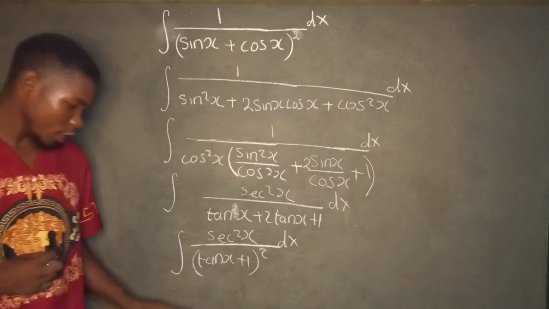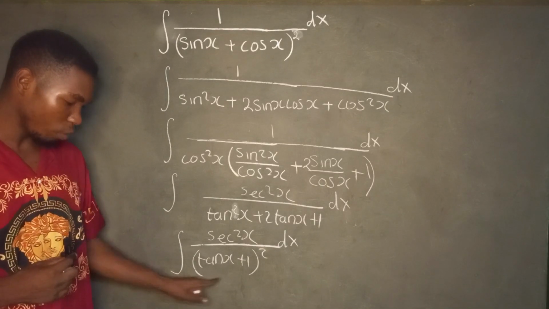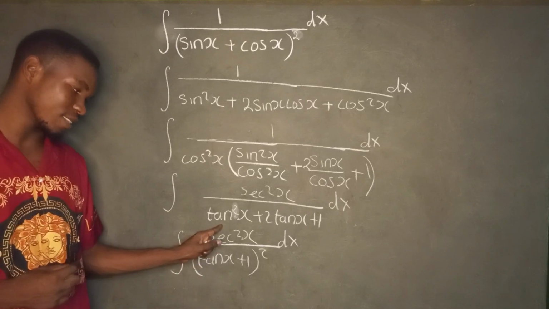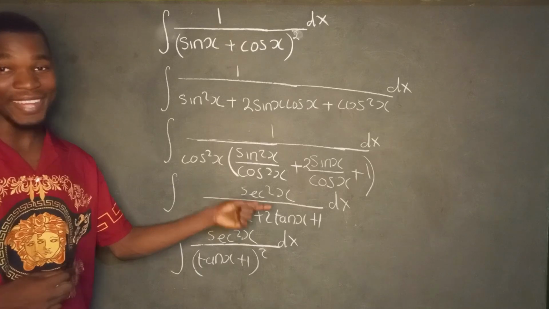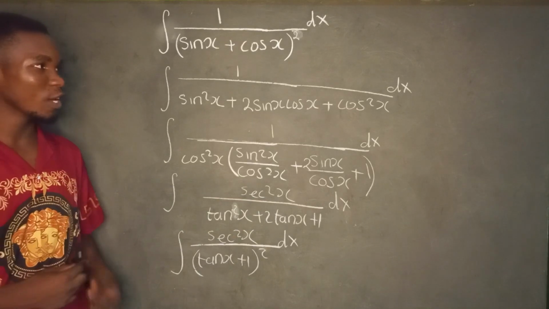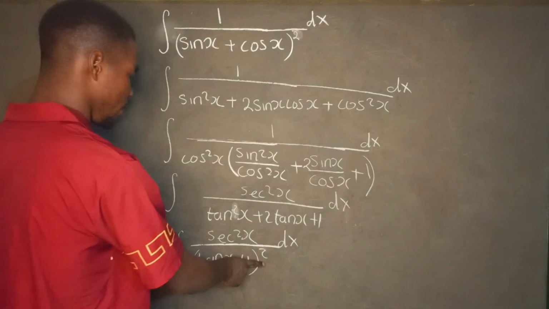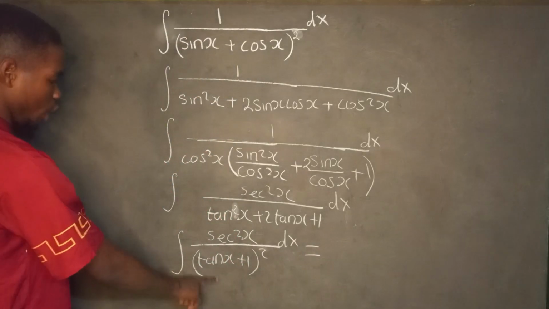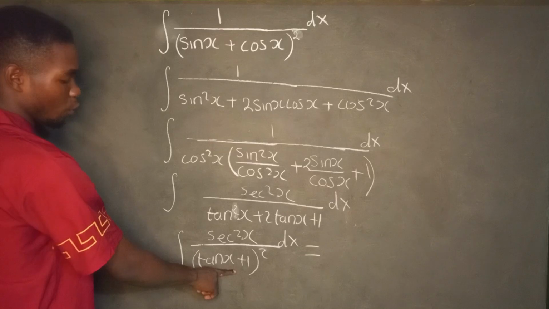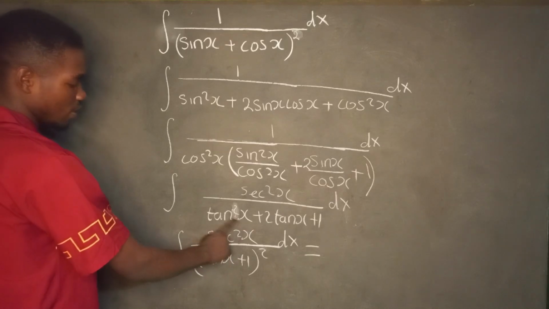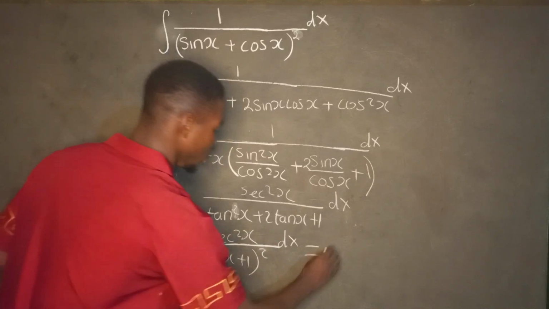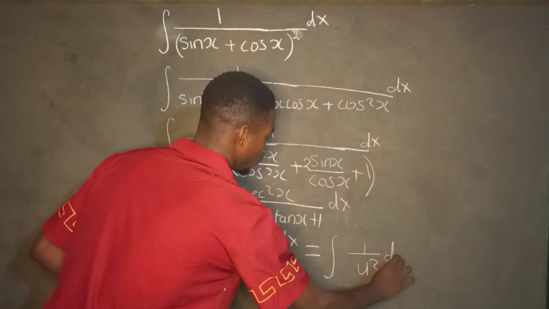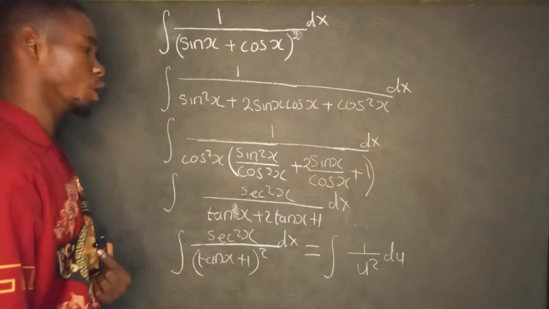If we let u be the bottom, that is tan x plus 1, then du gives us sec squared x dx, and that's the goal of this integral. So we are just going to be looking at the integral of 1 over u squared du.